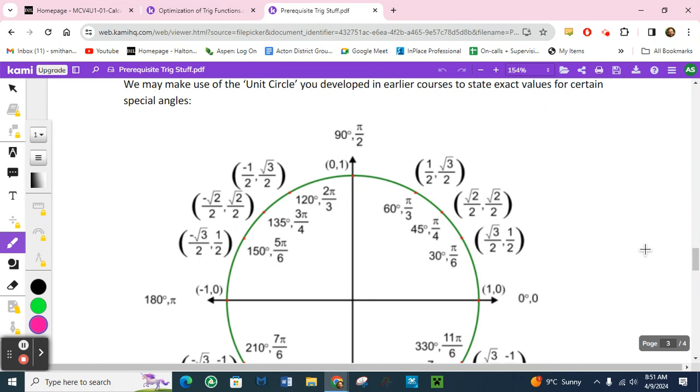All right, we're looking for a solution or two maybe between 0 and pi radians. The cosine is -1/2. Anybody spy the angle that has a cosine ratio of -1/2?